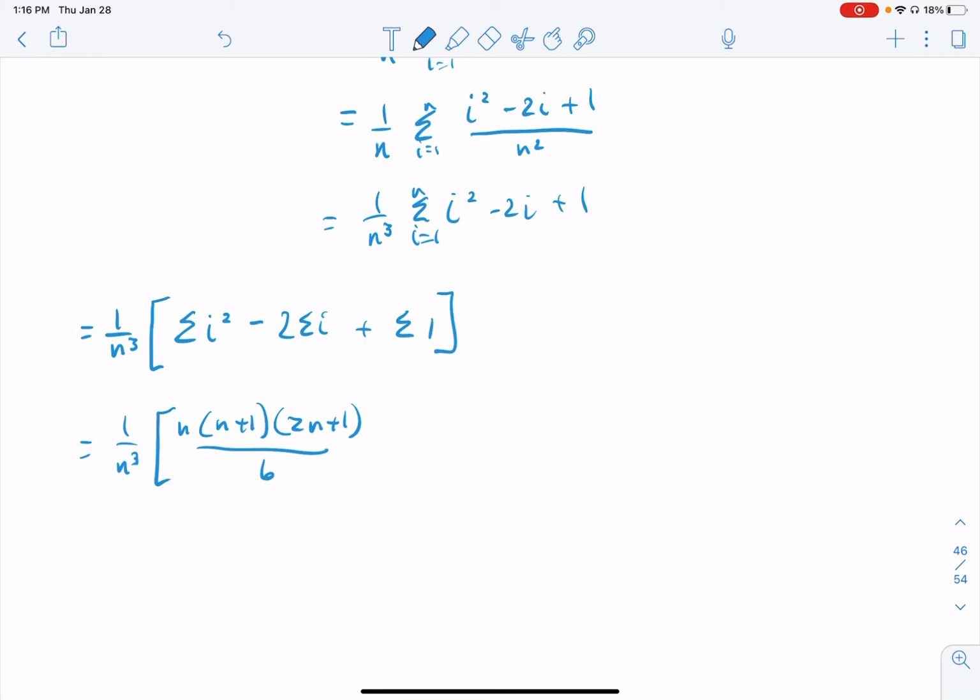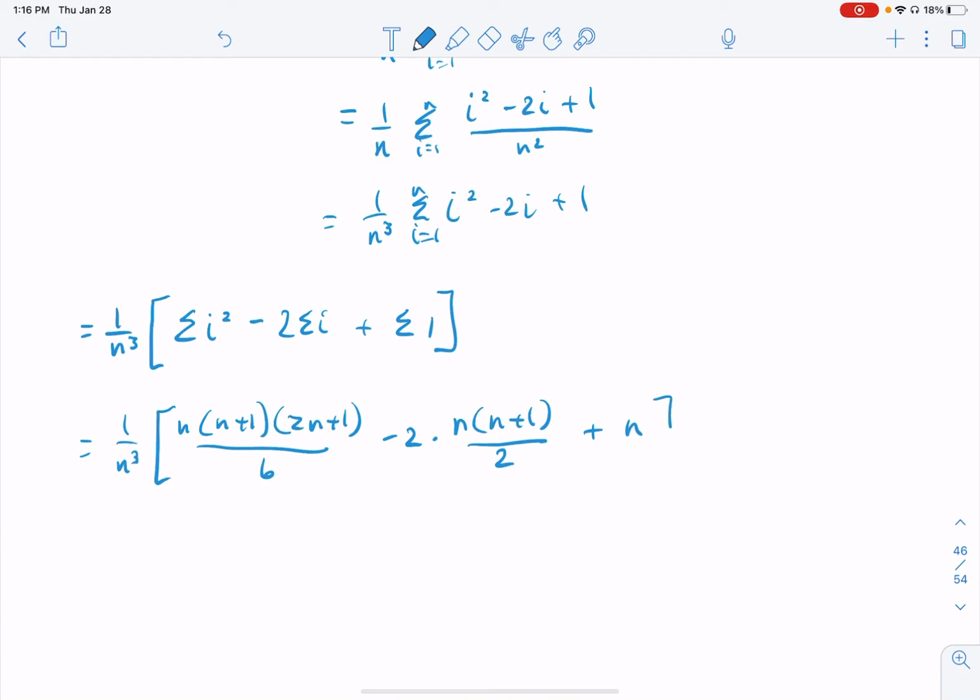Anyway, minus 2 times, and now the summation of just the integers, that's the Euler one, which is n times n plus 1. Did I say Euler? I meant Gauss, yeah, over 2. And then, hey, what's the sum of n ones? It's 1 plus 1 plus 1 plus 1 plus 1, n times. That's just n. Again, you have a formula for that. Look it up.